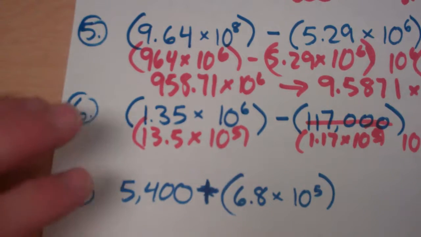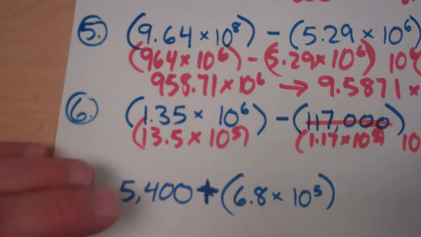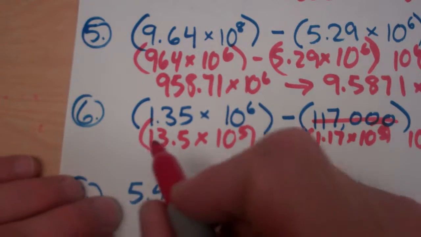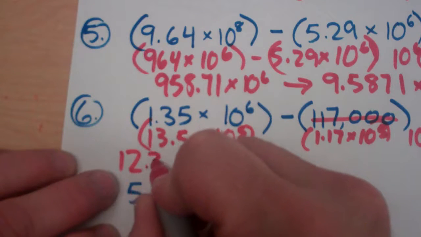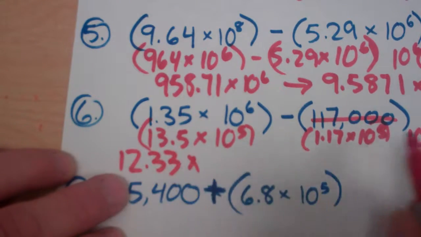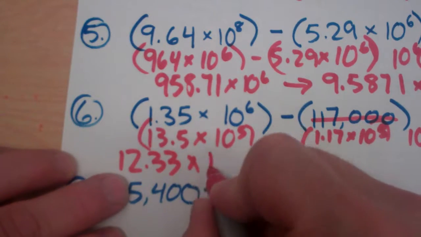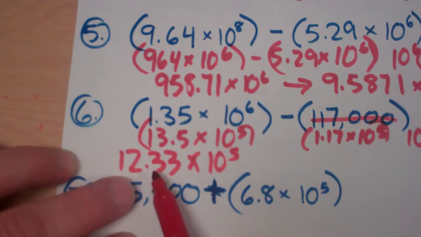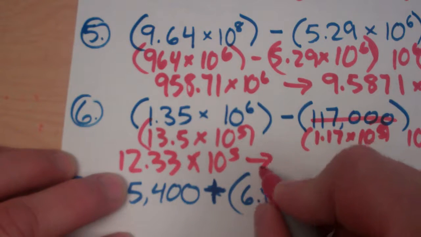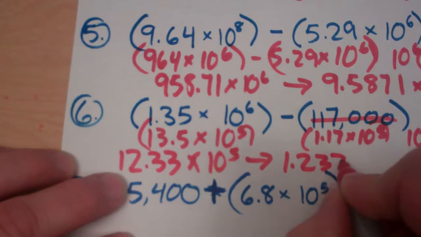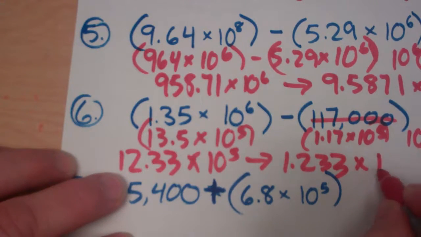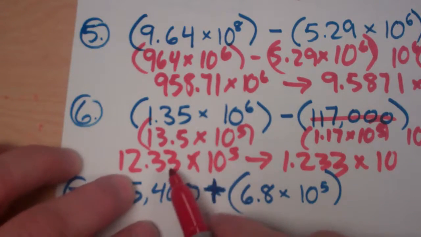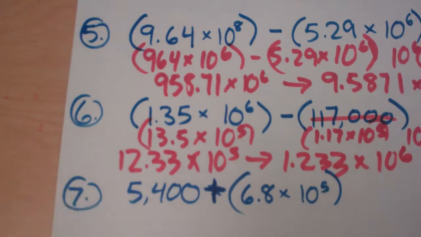So I do 13.5 minus 1.17, which gets me 12.33, I believe. 12.33 times, we're in the 10 to the 5th, remember, times 10 to the 5th. Not in scientific notation, so I'm going to move it 1 extra place, convert it to 1.233 times 10 to the, not the 5th anymore, because I have to move that 1 extra place, times 10 to the 6th.